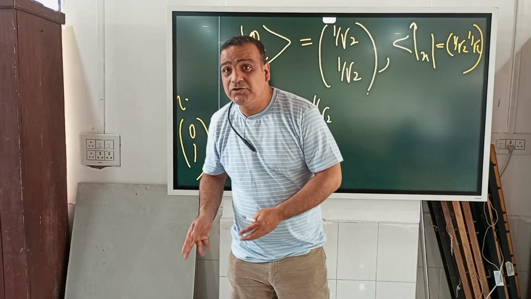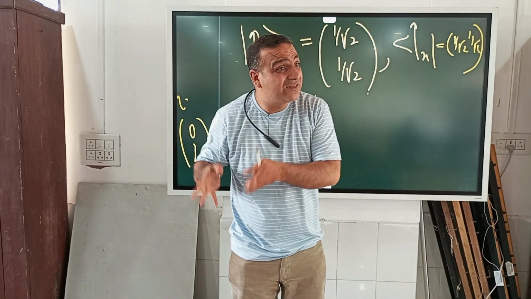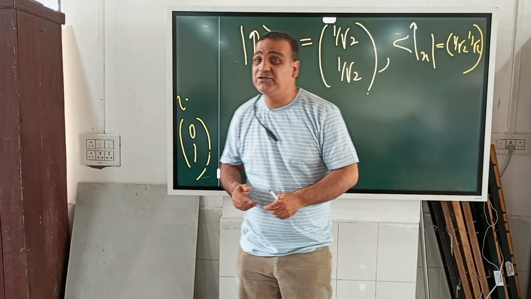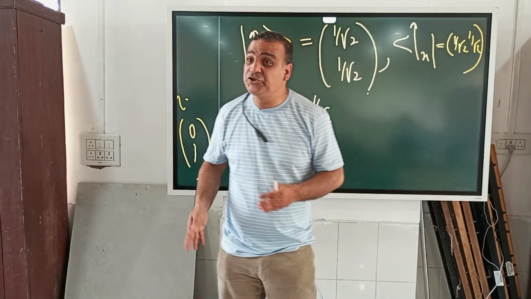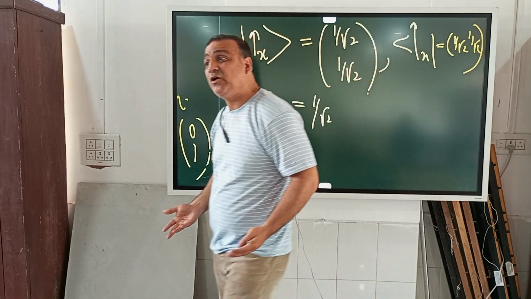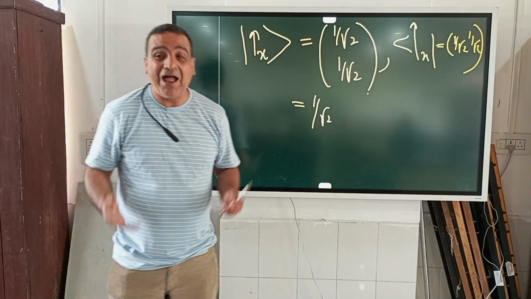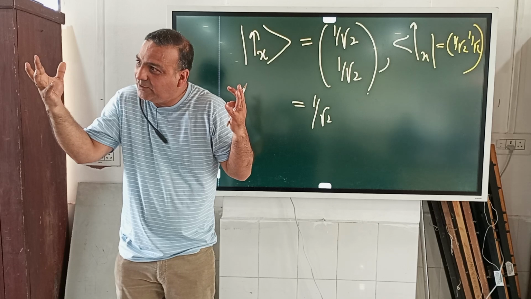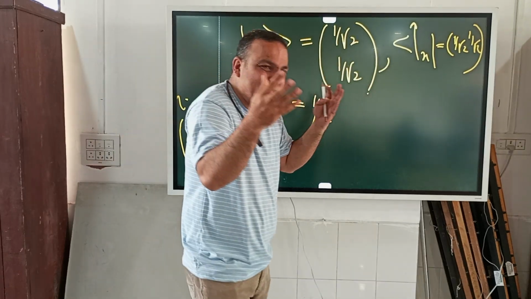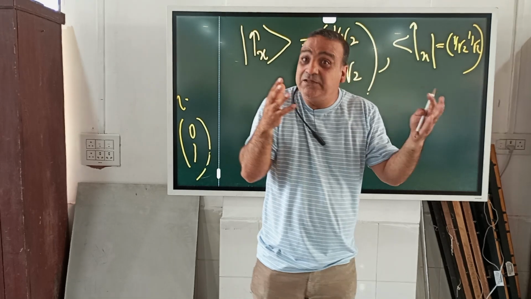Psi is the solution of the Schrödinger equation. Psi 1 is the solution of the Schrödinger equation. Psi 2 is the solution of this Schrödinger equation. The superposition of psi 1 and psi 2 is also the solution of the Schrödinger equation. And how do you handle that problem? Do you remember? You handle that problem by calculating the constant.